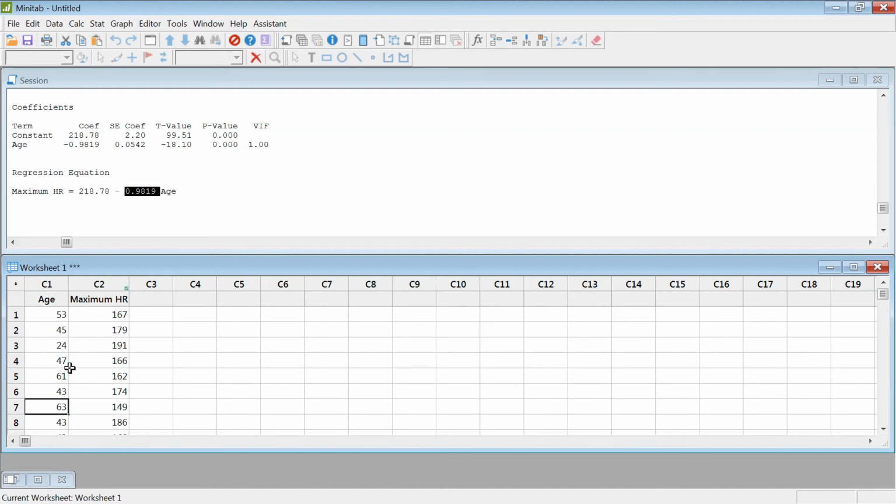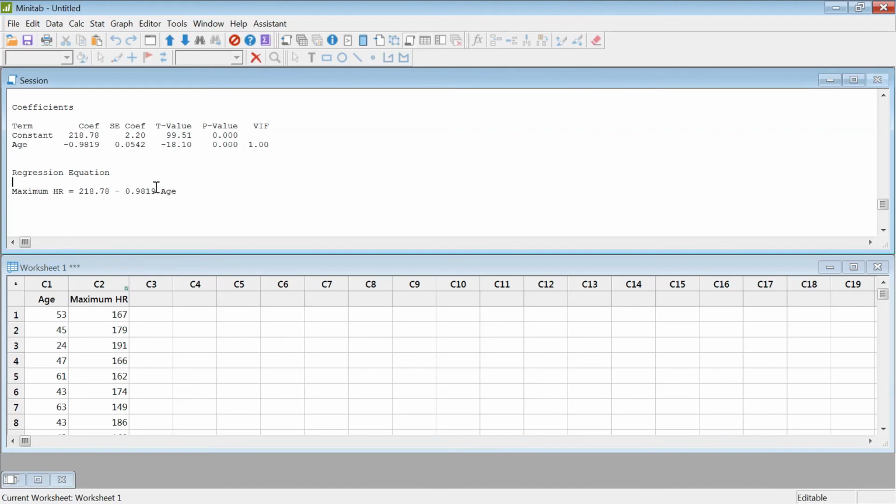We shouldn't be extrapolating or interpolating regression models. Whatever area you have collected, the model is valid only in that area. For example, for 0 age, we didn't really test it. For 0 age, that means a newborn child would have a 219 heart rate.